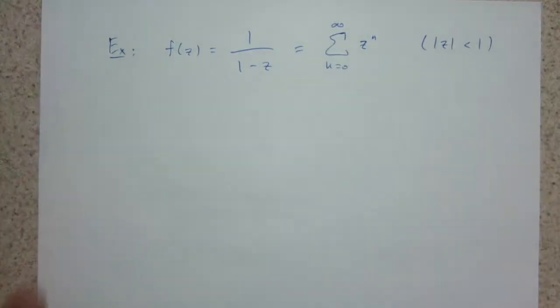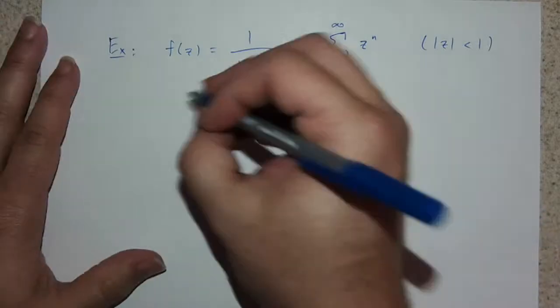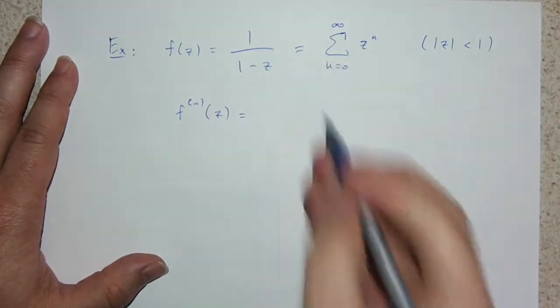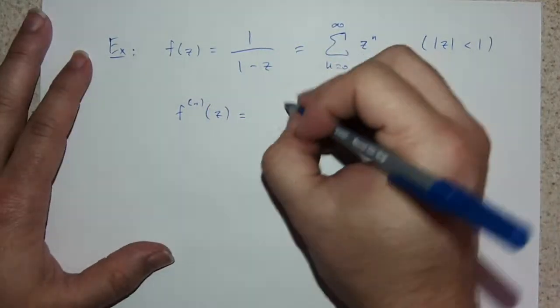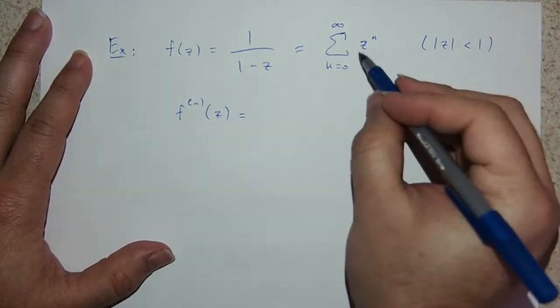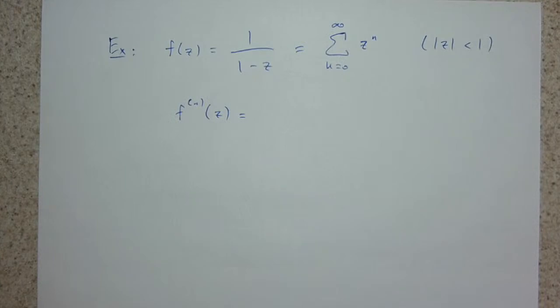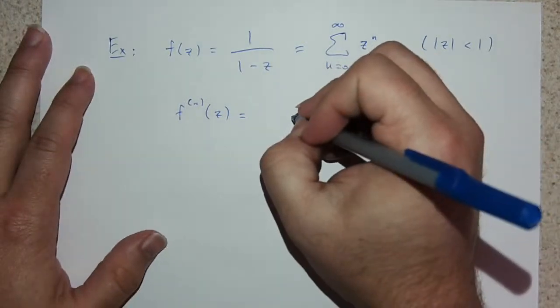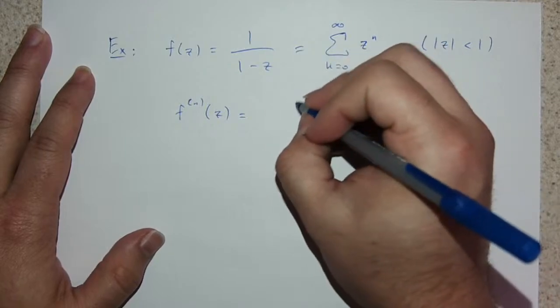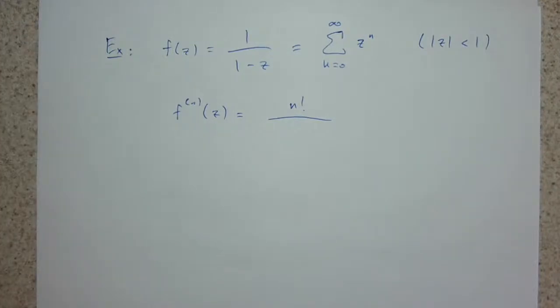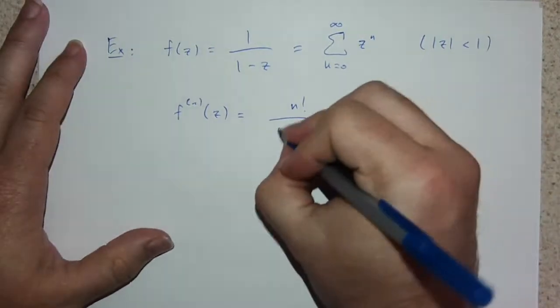Now, what are my nth derivatives of this thing? Think of computing nth derivatives of this thing. This is going to be n factorial over (1 minus c) to the n plus 1.